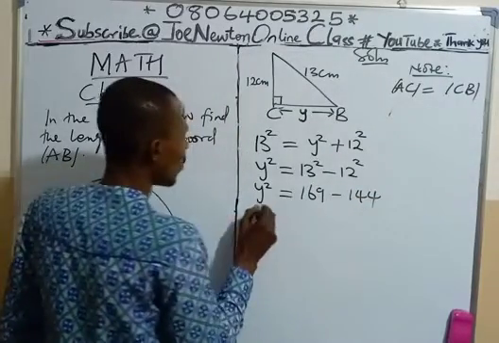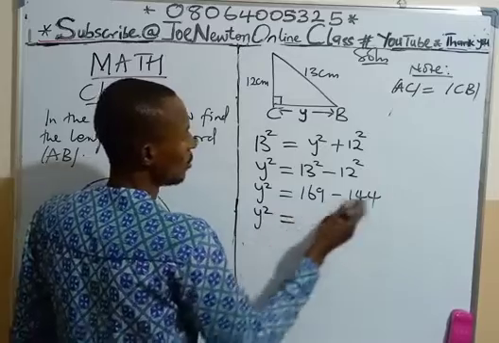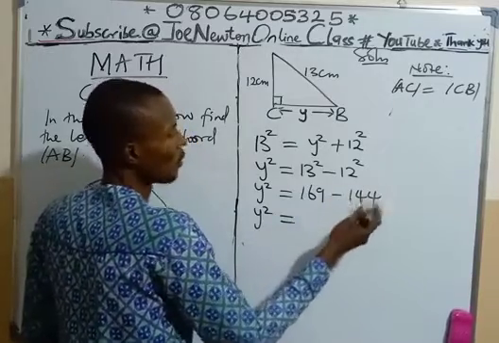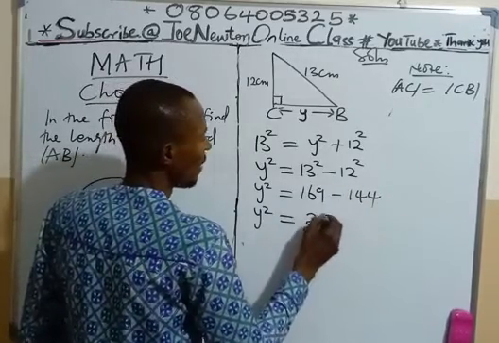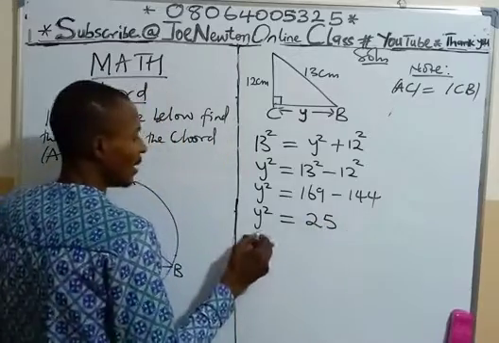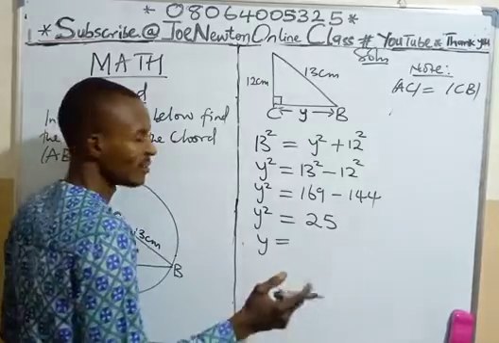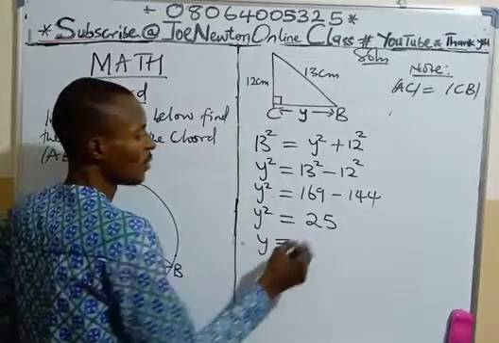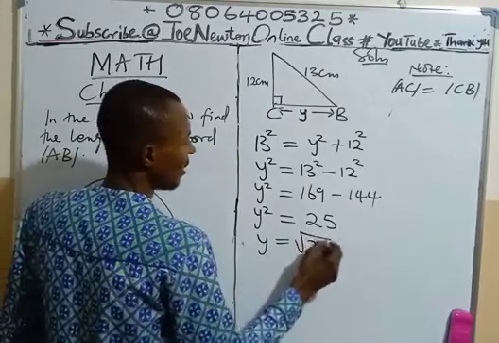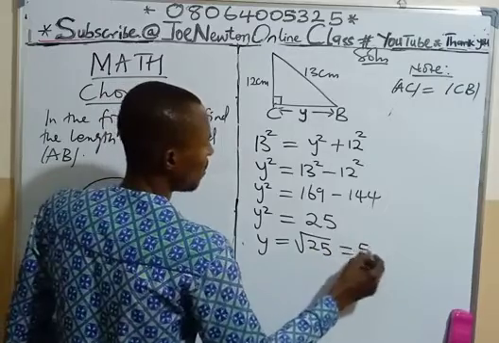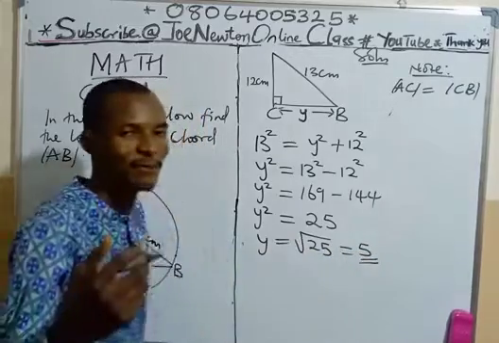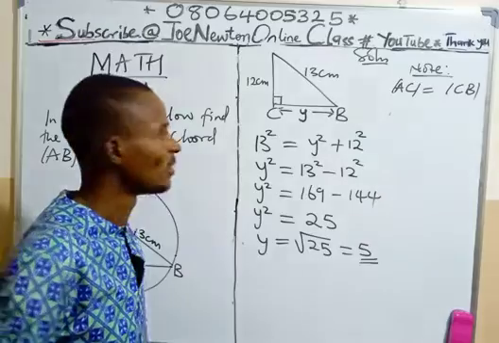So we have that our y squared is equal to 169 minus 144, which gives us 25. Now, to find the value of y, we take the square root of both sides. Square root of y squared is y, then square root of 25 is equal to 5, because 5 times 5 will give us 25.